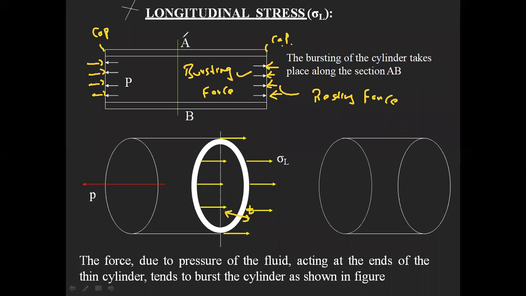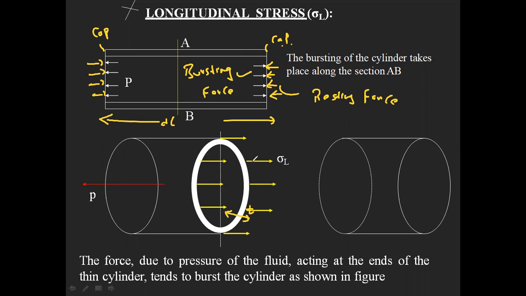So let us take a section AB along its length L, or DL. Due to this force, splitting takes place in the longitudinal direction. Can anyone tell me in which place your cylinder is going to split in longitudinal direction?